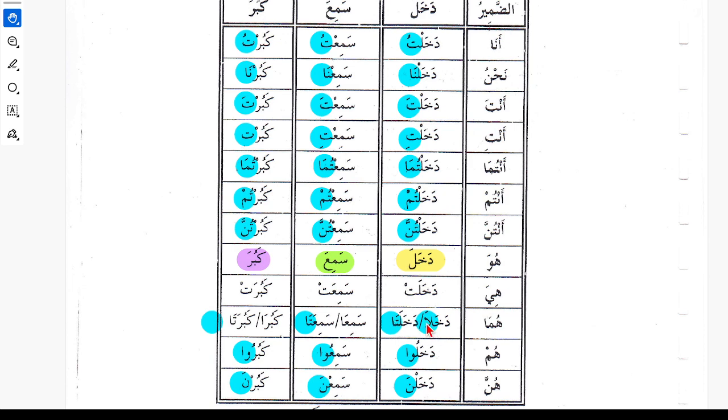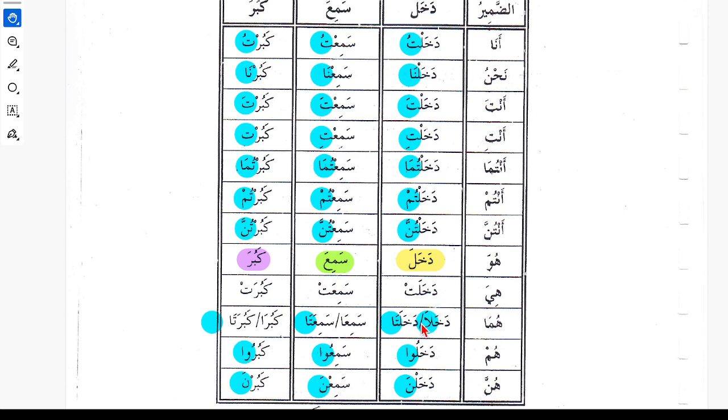Now you will see that alif is the fa'il, the doer of the verb. In these two cases, the doer is inside, not visible. So you can say the fa'il is hidden here, mustatir. But other than these two, everyone is showing their fa'il.